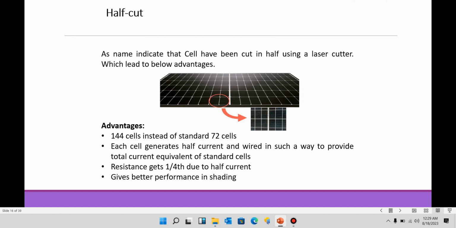Due to this, the resistance is reduced to 1/4 due to the half current, whereas the performance of the half cut cell is increased in case of shading.